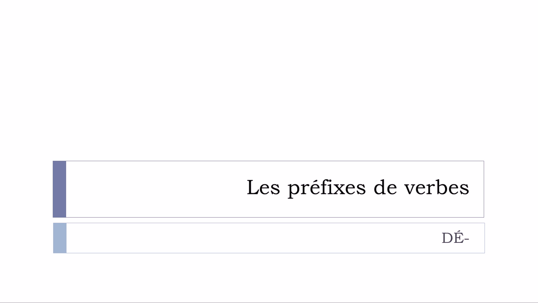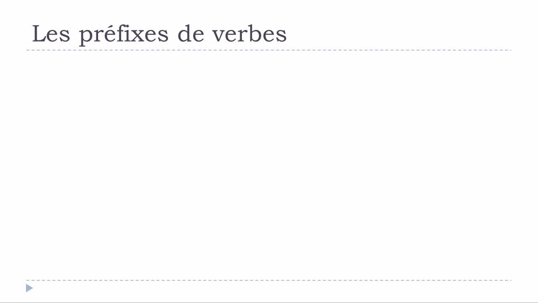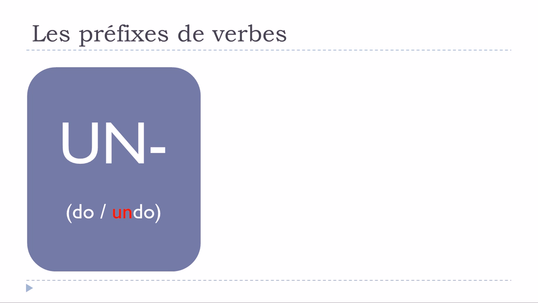In this lesson, we will see les préfixes de verbes. Remember these little letters that you can put at the beginning of existing words, or in that case, verbs. By adding these little letters, you modify the original meaning of the word. In this lesson, we'll work on le préfixe D. Quite often I've had students ask me, how do you translate in French, or is there a way to make this un that exists in English, like do, undo?